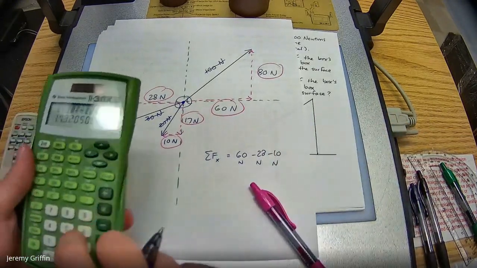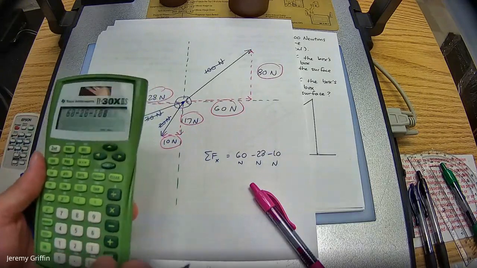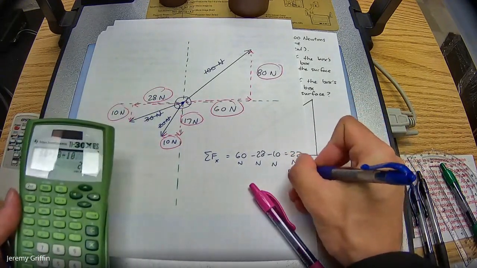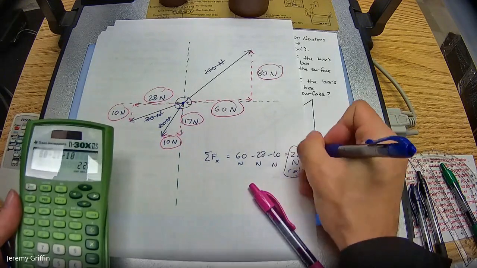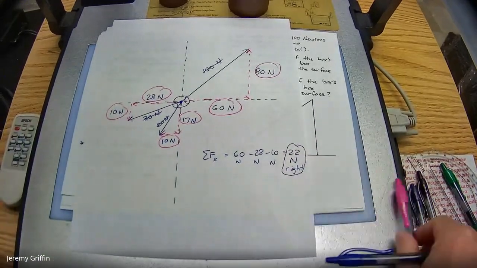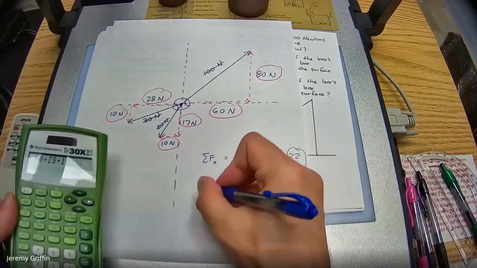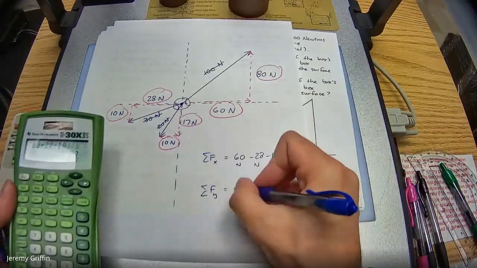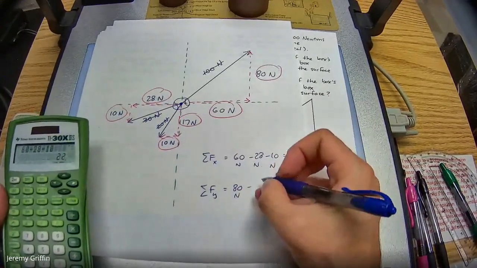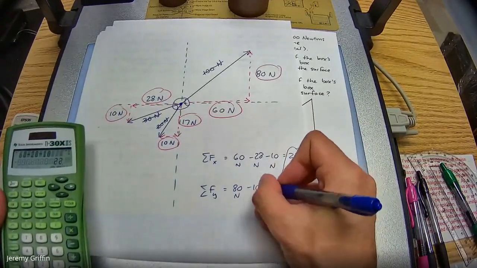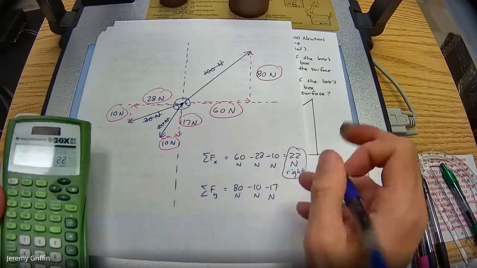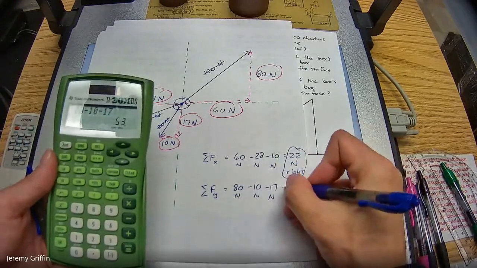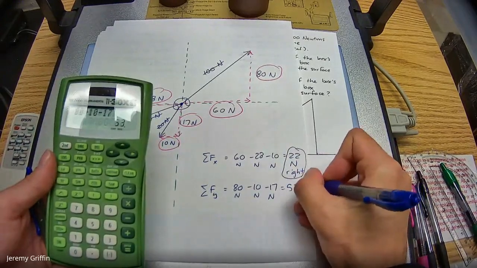That's 22 newtons to the right. Overall, it's still being pulled to the right. And then the sum of the forces in the y direction would be 80 newtons minus 10 newtons minus 17 newtons. That is 53 newtons up.